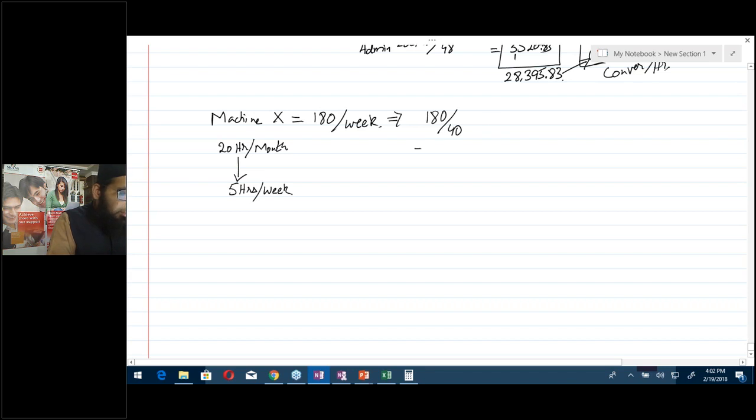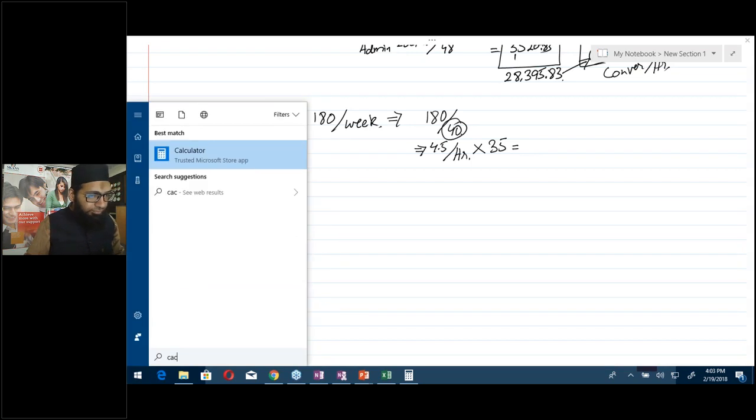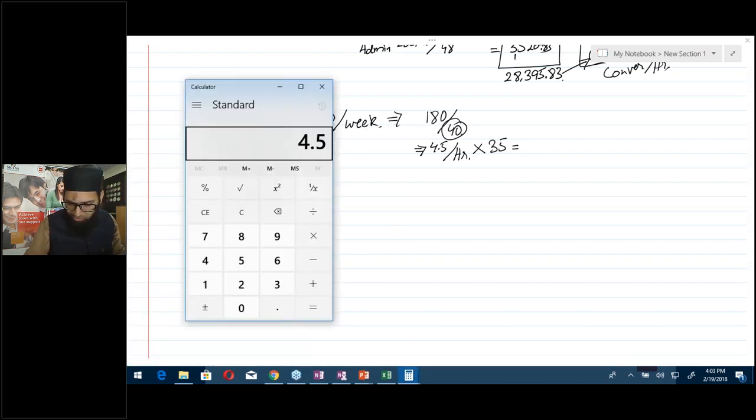So the answer will be 4.5 units per hour. But in a week, I will not get the whole 40 hours because 5 hours will be lost. I will only get 35 hours, the remaining ones. So if I multiply 35 with 4.5, the answer is 157.5.